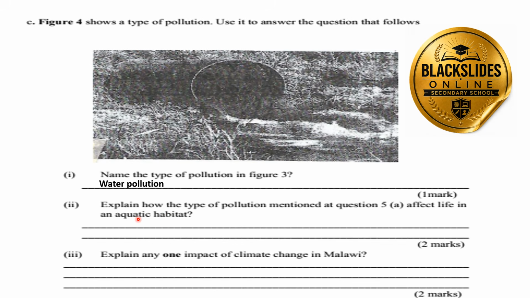First of all, you need to know that when oil is spilled on water, it will prevent oxygen from entering the water. So it is going to reduce oxygen in the water, and that can kill aquatic organisms such as fish.